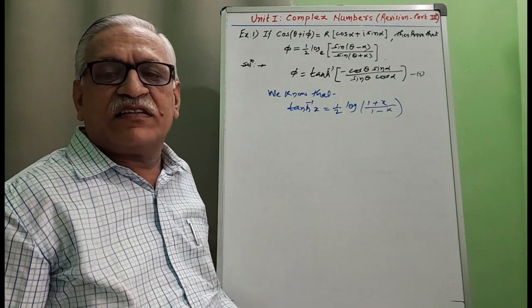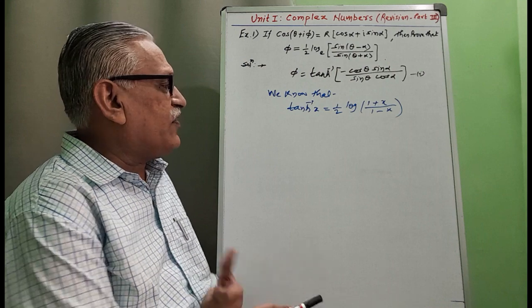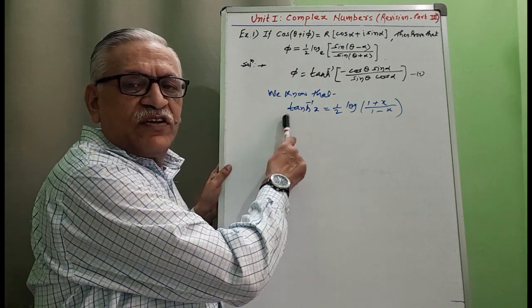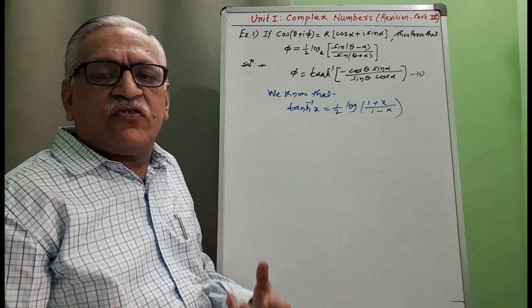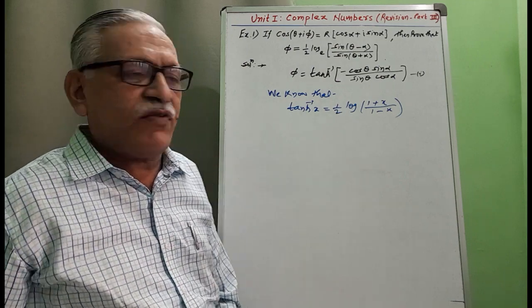We have another standard result from hyperbolic function, the inverse hyperbolic function. Tanh inverse of x is equal to 1 by 2 log of 1 plus x divided by 1 minus x.